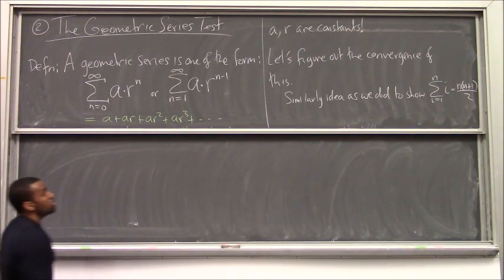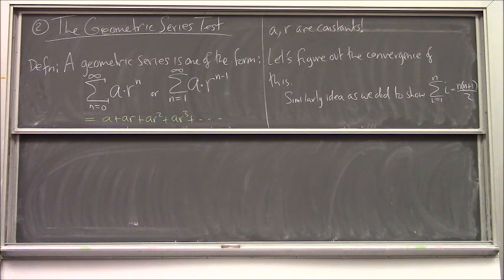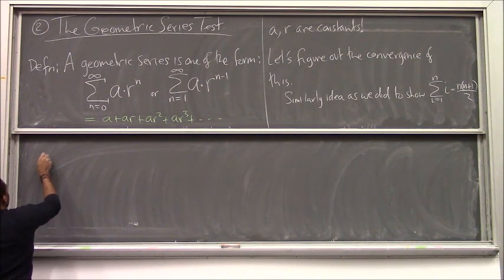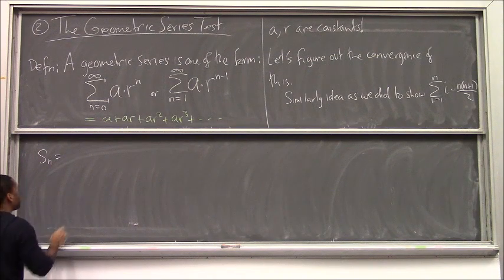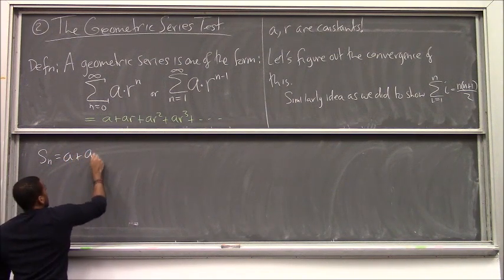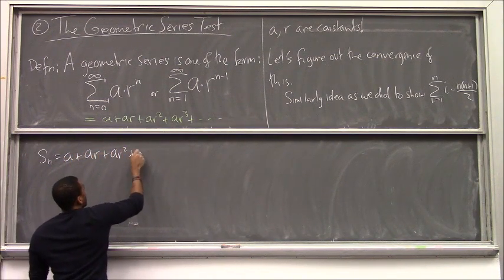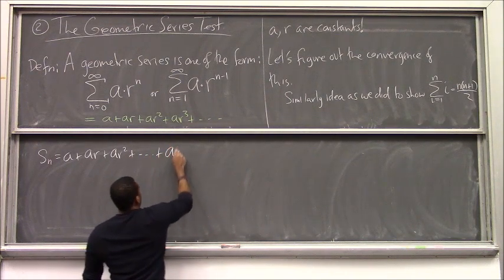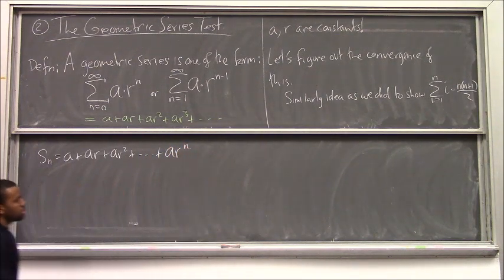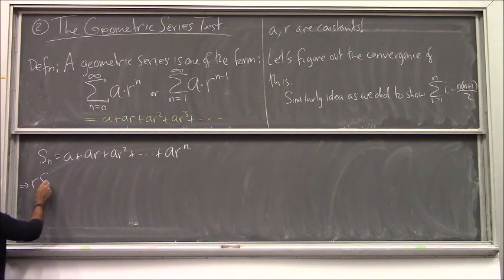What did he do? Well, let's look at the sequence of partial sums. So what would Sn look like here? a plus ar plus ar squared. Let's just take the first few terms. And here's something that we can do. Because it's very self-similar, we can multiply this equation by r.